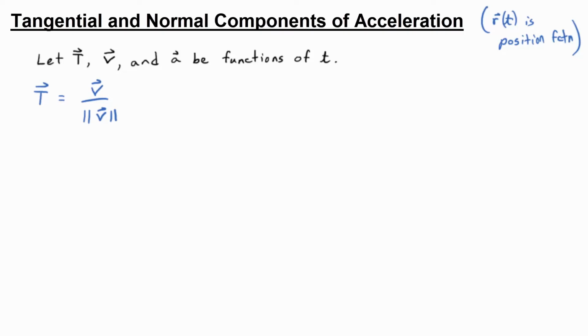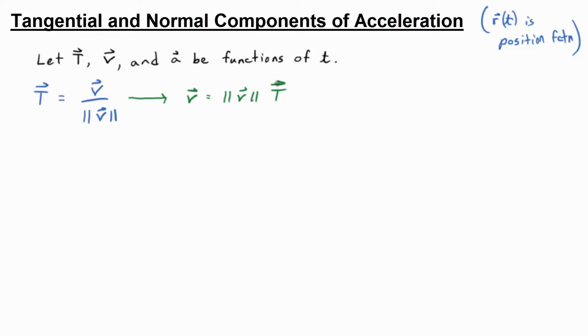So I'm going to rearrange this, and I'm going to derive an interpretation of the acceleration vector in terms of T and N. From this result, would you agree that v would equal the magnitude of v times T? What did I do to get that?